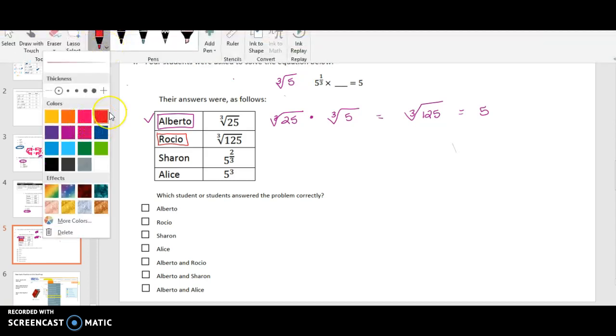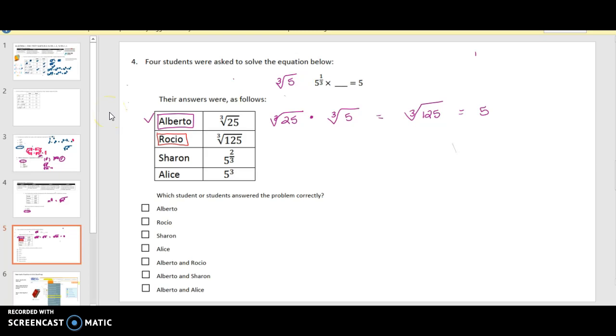So let's try Ratio. I'm going to grab red. Again, we have the cube root of 125 times the cube root of 5. I'll tell you ahead of time, you can do 125 times 5 and you're going to get some huge number in here, and we can do that if you want to.